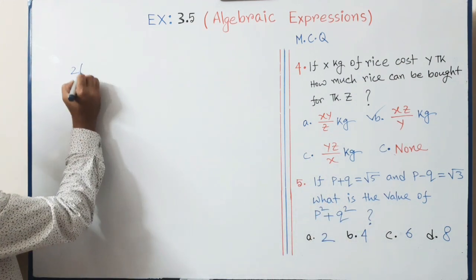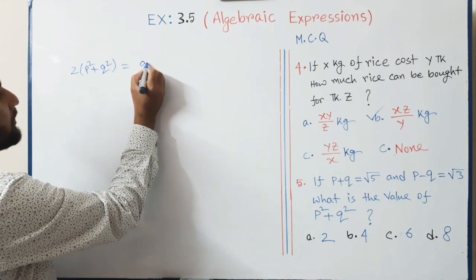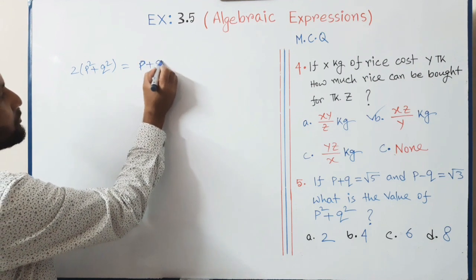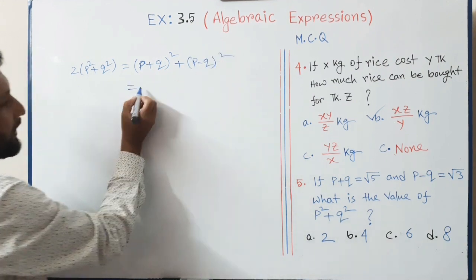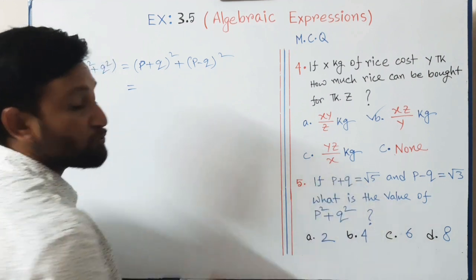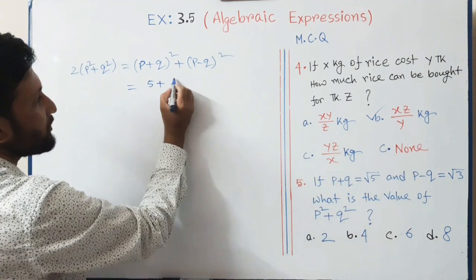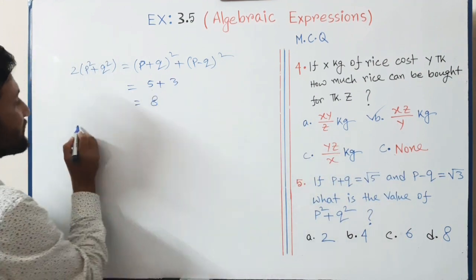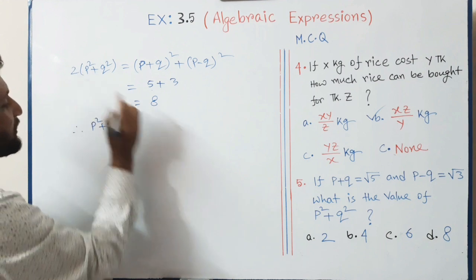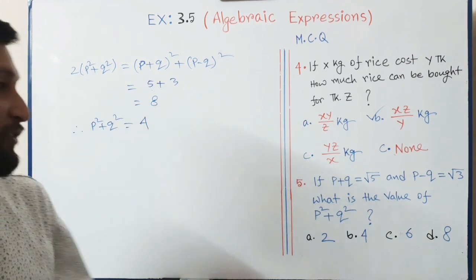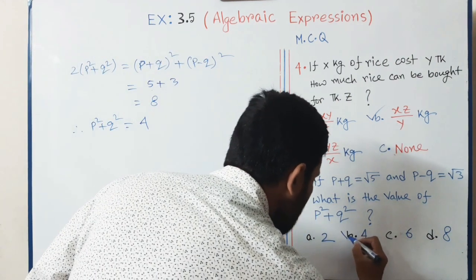We know the formula 2 into (p square plus q square), or 2(a square plus b square), equals (a plus b) whole square plus (a minus b) whole square. According to the question, p plus q equals root 5, so root 5 square is 5, and p minus q is root 3, so root 3 square is 3. 5 plus 3 is 8. So p square plus q square equals 8 divided by 2, that means 4. So our required solution is option B.